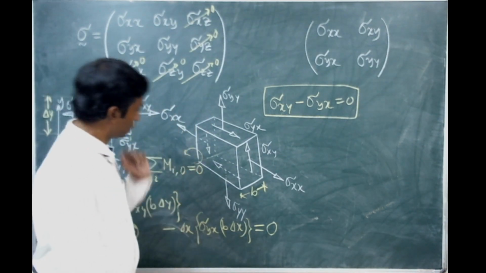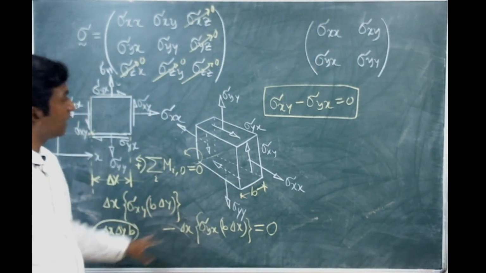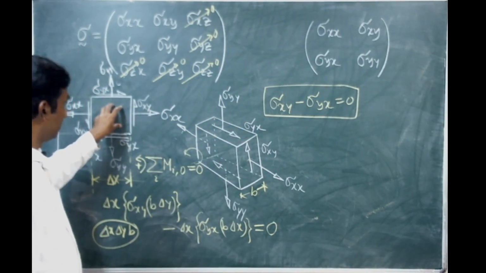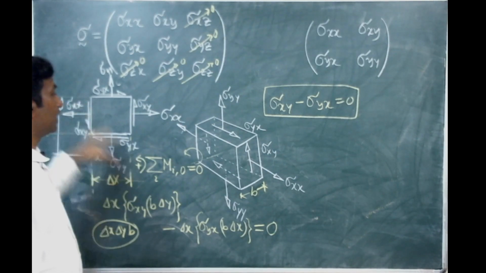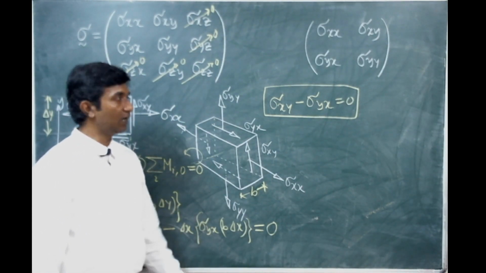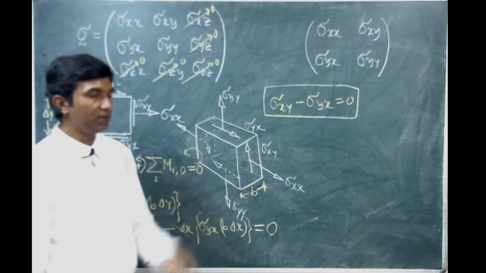Now you notice one thing: while deriving this expression, we assumed some dimensions, delta x, delta y, b. Now let us check whether this relationship is valid at a point.